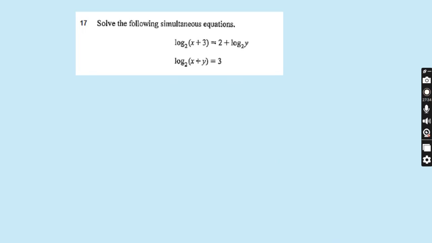Solve the following simultaneous equations. Very easy question. Take both the equations one by one.